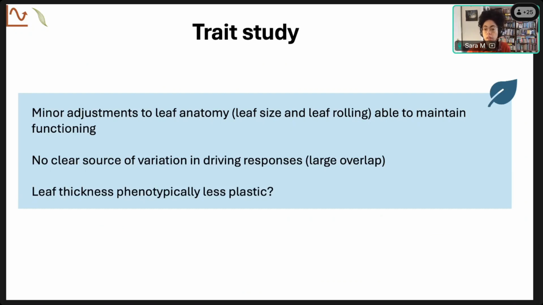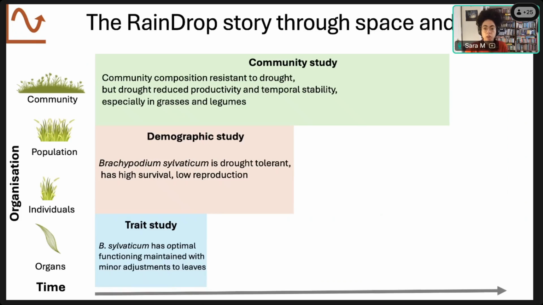So to summarize, looking at the RainDrop story through space and time, I've looked at the community level, then the population, more meta-population, individual level, and organ level, over different time spans from 6 years, 3 years to 1 year for the trait study.